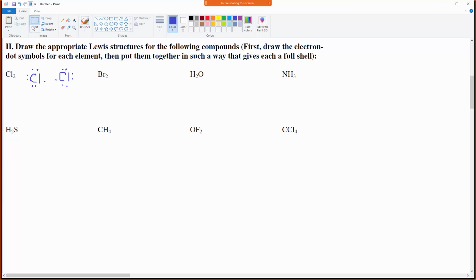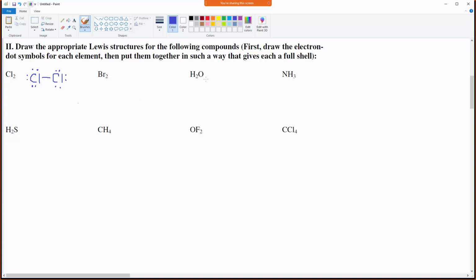Now I've got 2 chlorines, each with 1 unpaired electron, and I can put them right there together, and they'll be super happy. And you can leave the dots if you like, but there are so many dots that it's easy to get kind of lost in the dots. So I really like to have the line there instead. Does that make sense?